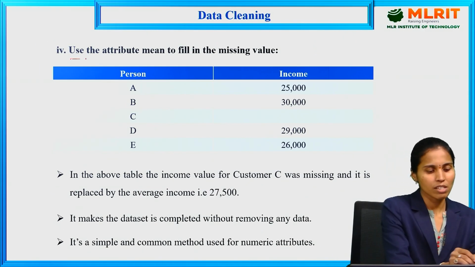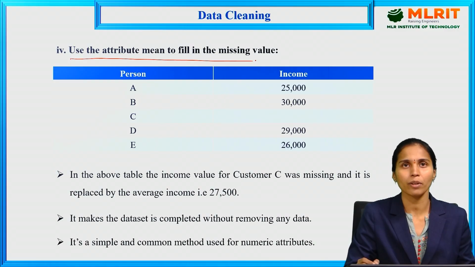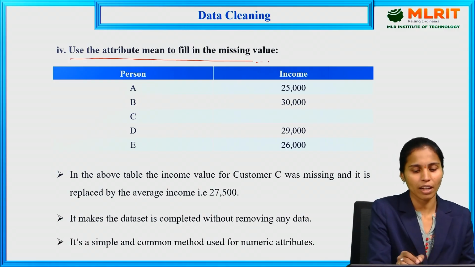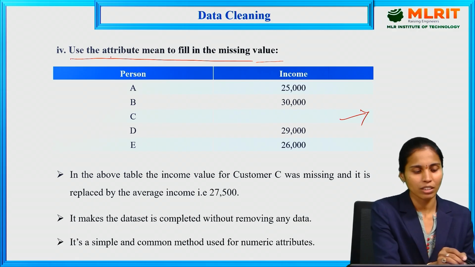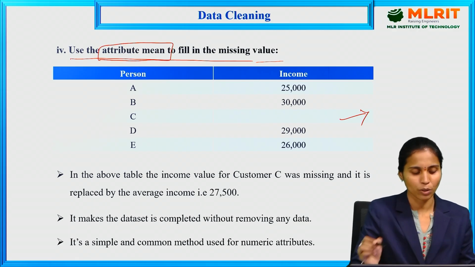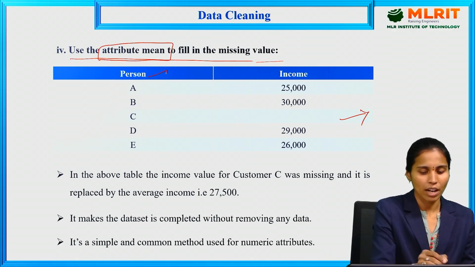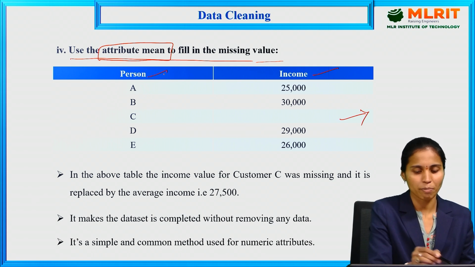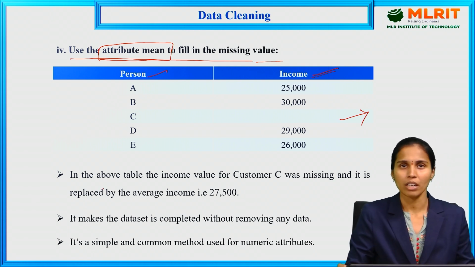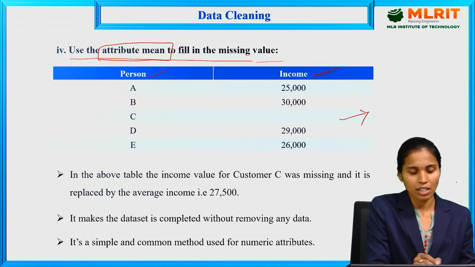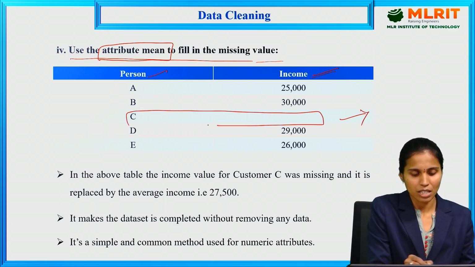So fourth one is use the attribute mean to fill in the missing value. The missing value can be replaced with the attribute mean value. In this table, we have two columns. First one is person and second one is income. In the table, the income value for person C is missing.